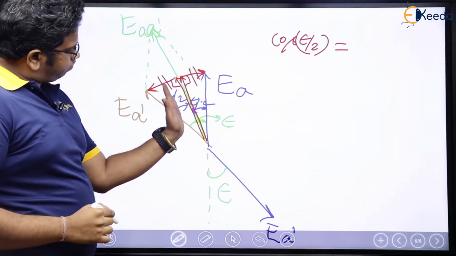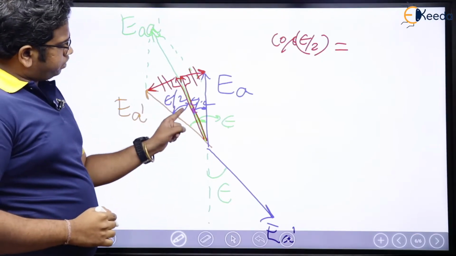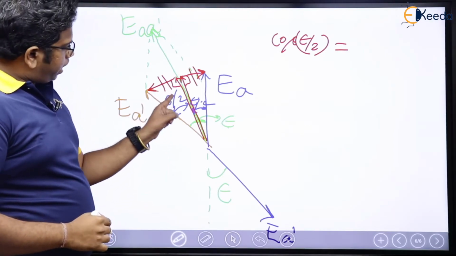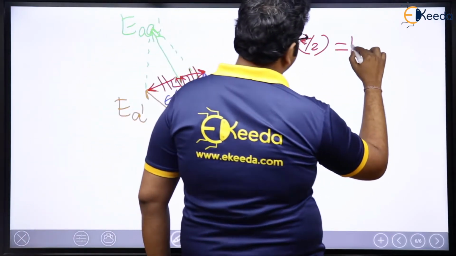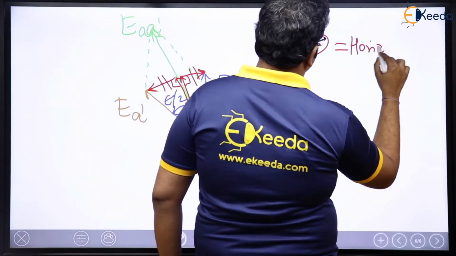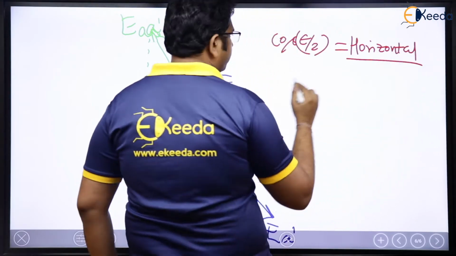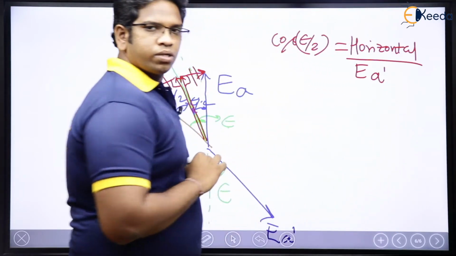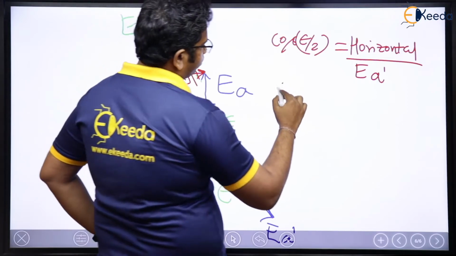Cos in the sense, adjacent upon hypotenuse. Adjacent is how much? This horizontal component, divided by EA dash. So, how much is the horizontal component?